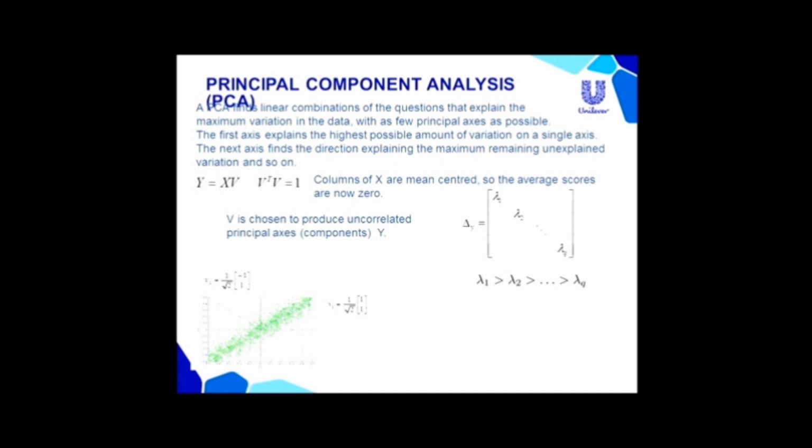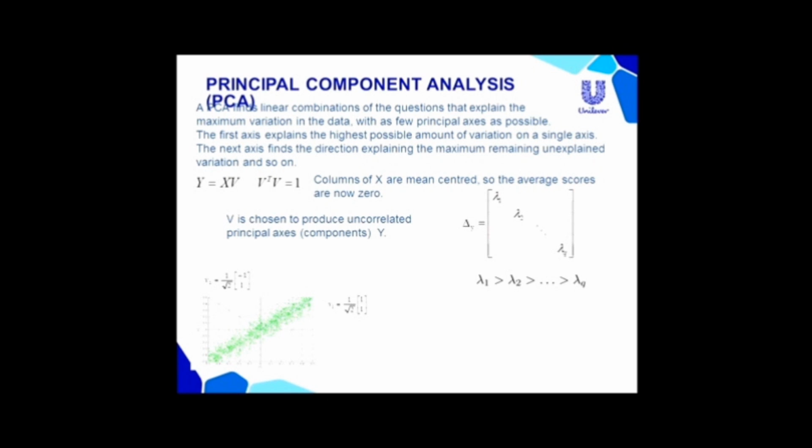But more importantly for us, it also gives you them in a particular order, so that the first one it finds will explain the highest amount of variation possible in the data. And then given that you found that first component, as we call it, component or axis, the next one will find the next greatest amount of variation that you can explain in the data. So the idea is if you can find this transformation, we can take the first 2 of these, and hopefully explain as much variation in just 2 axes and plot them on a nice 2-dimensional plot.